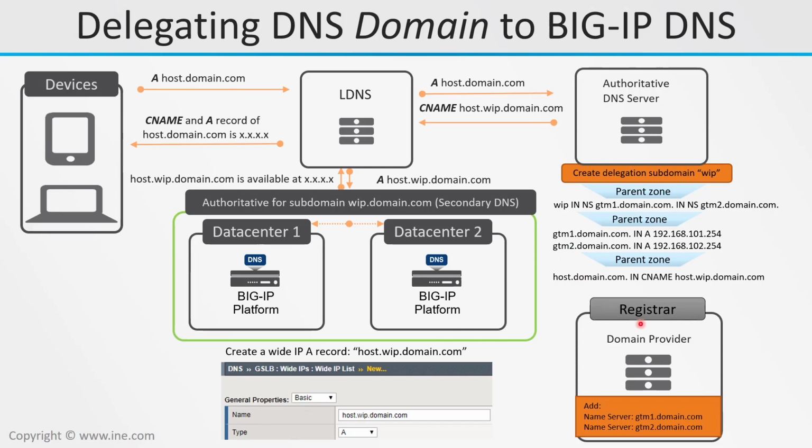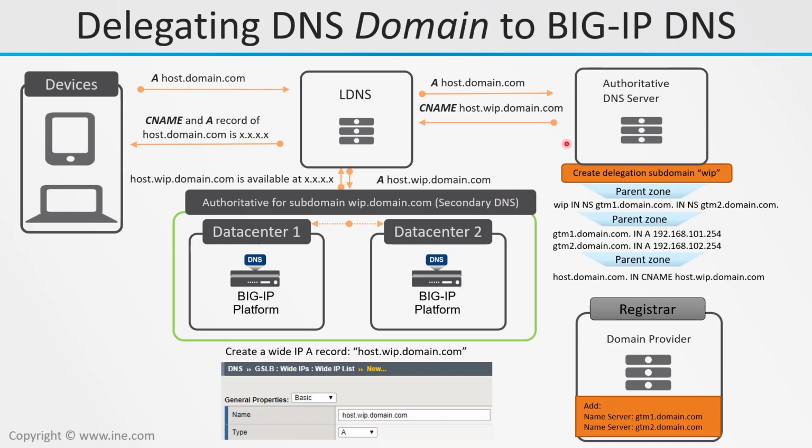Okay, and in addition, when we use the new name servers for the GTM/DNS for delegation, we add them to the domain provider, which is the registrar, which in turn syncs with the authoritative DNS server. So our GTM name servers should also show up on the external DNS server provider. In turn, we need to be able to do a zone transfer from our authoritative DNS server to these BIG-IP DNS boxes.